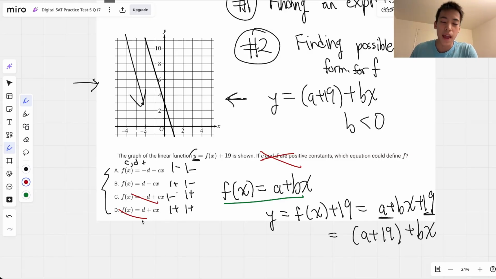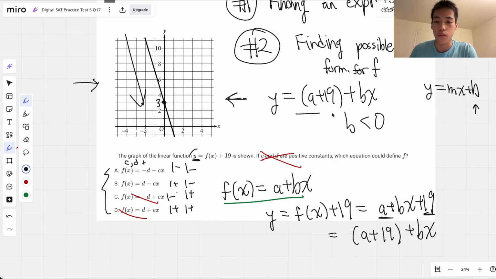Okay, so now what about A? Because a plus 19 is kind of an abstract quantity. Well, we can deduce that the intercept is very easy to see. The intercept is just around here, and that's just 3. Recalling very quickly that in the slope-intercept form, y equals mx plus b, the b represents the intercept.